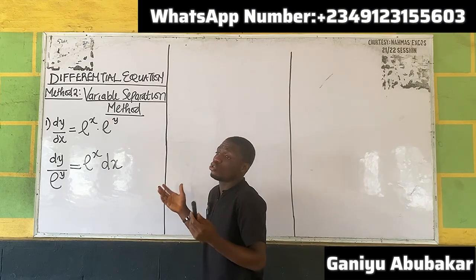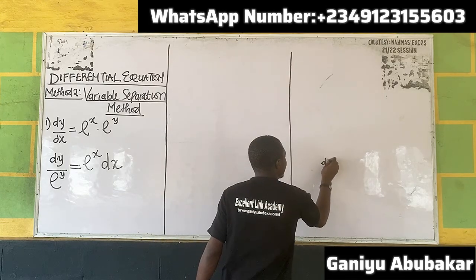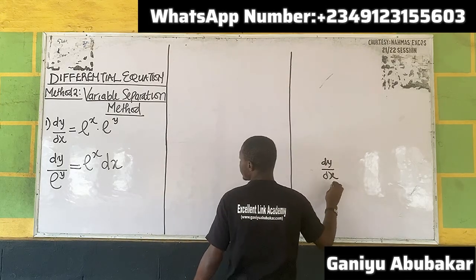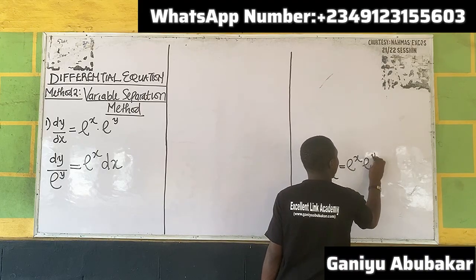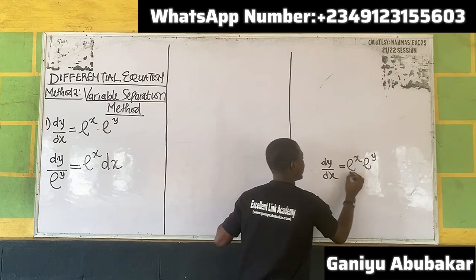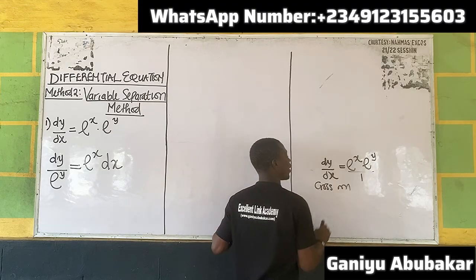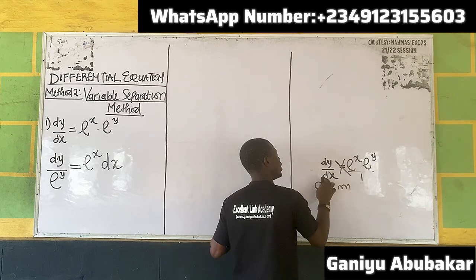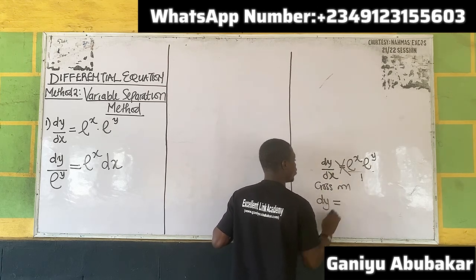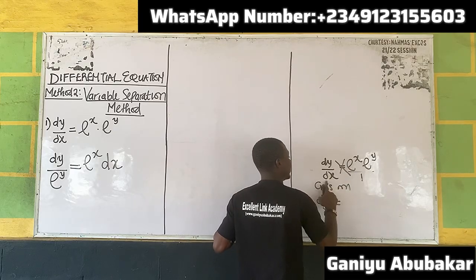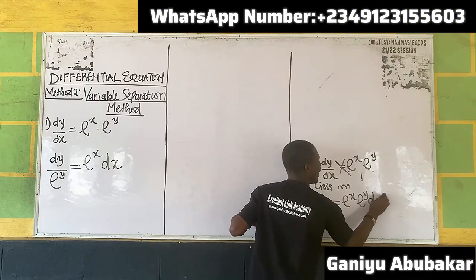Or, for better understanding, if I have dy over dx is equal to exponential x exponential y, what I did there was use the cross multiply concept. So dy equals exponential x exponential y dx.